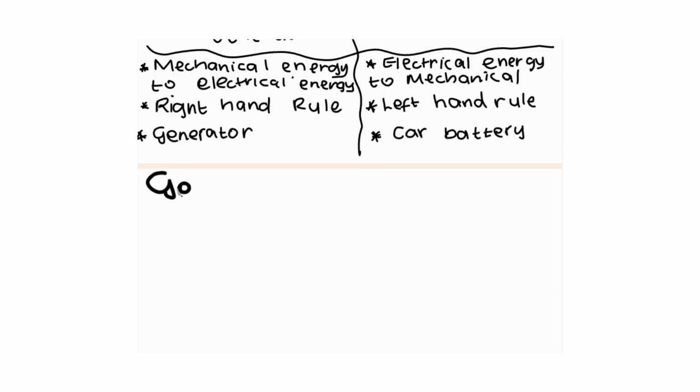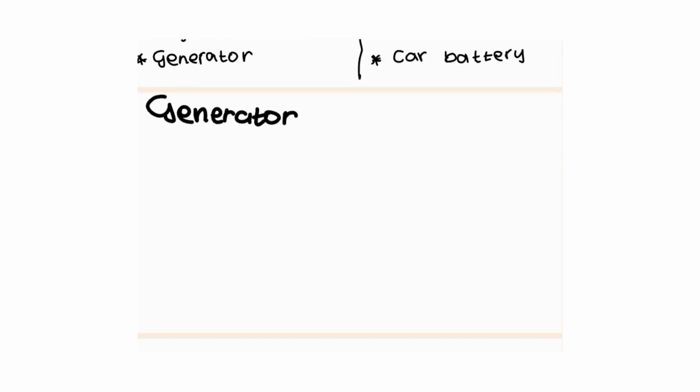I'm just gonna try and be as creative as I can, just to draw what we call an armature. This is not a fully detailed representation of your generator, but just to show you how it will look, and also how the energy conversion will come about.